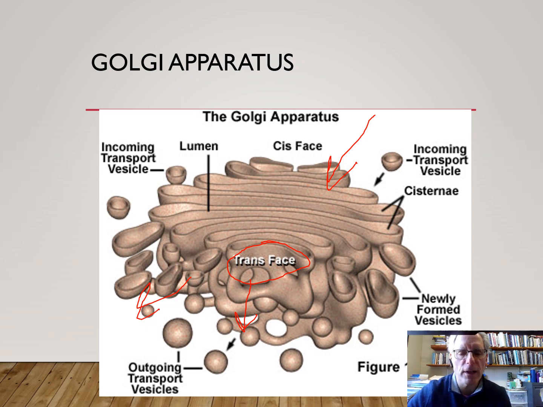Some of these vesicles will be automatically secreted. Others will be held until the cell gets a signal for them to be secreted. And then some of the proteins that come here are meant to stay in the ER, so they come in and then they go back to the ER. So the ER plus the Golgi apparatus is the FedEx of the cell, pretty much.